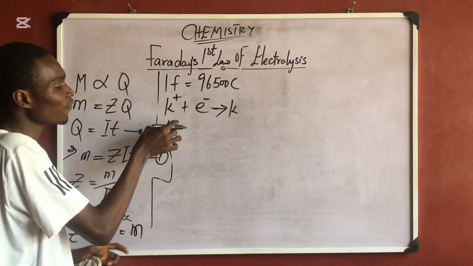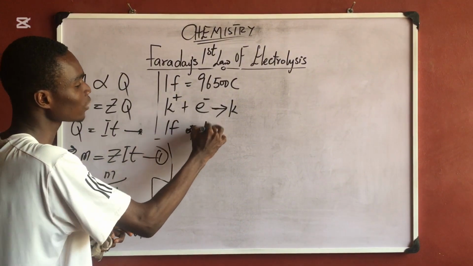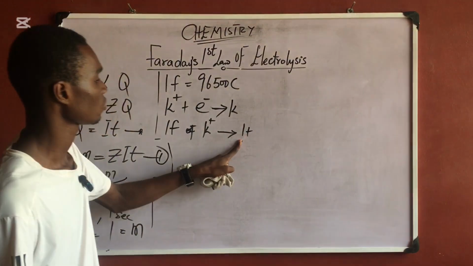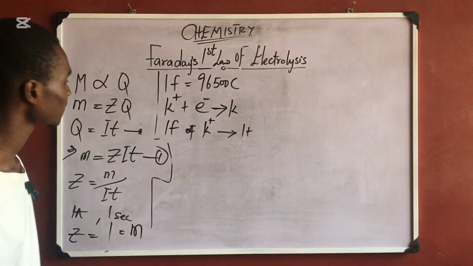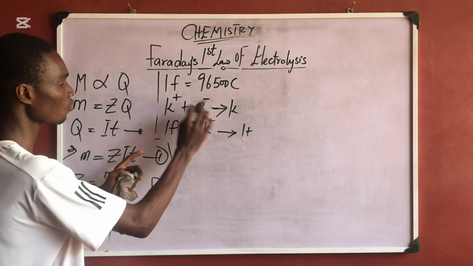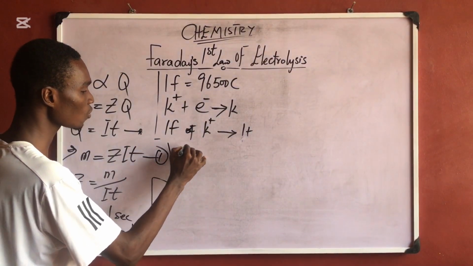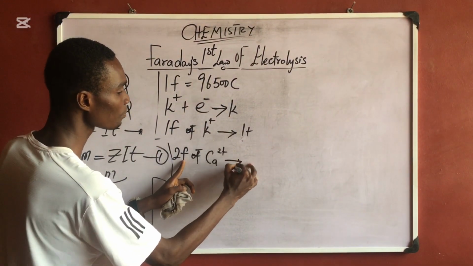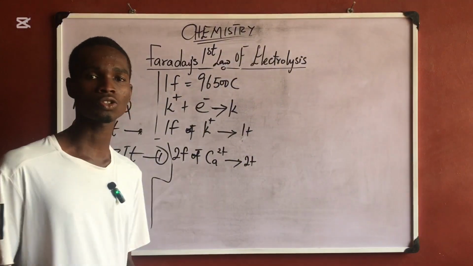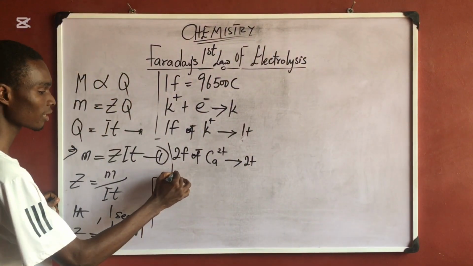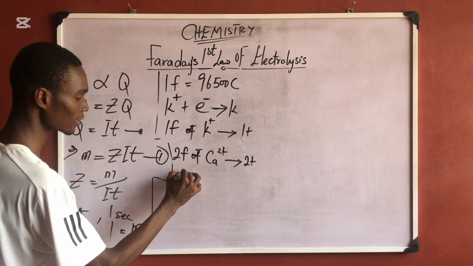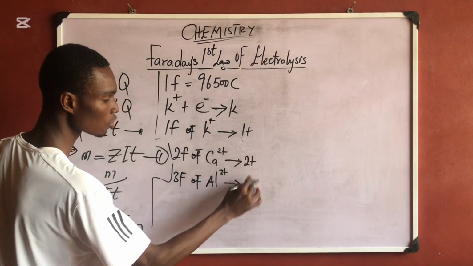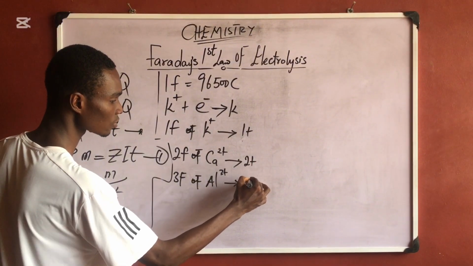That means 1 farad of potassium ion will deposit 1 positive charge. In the same way, for calcium, 2 farad of calcium will deposit 2 positive charges. And for aluminium, I will have 3 farad of aluminium, which is 3 plus, to give 3 electrons.